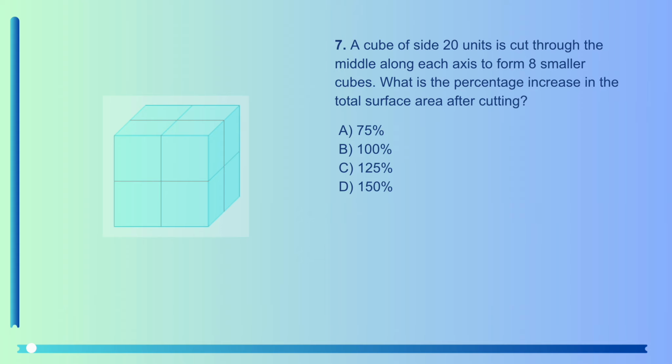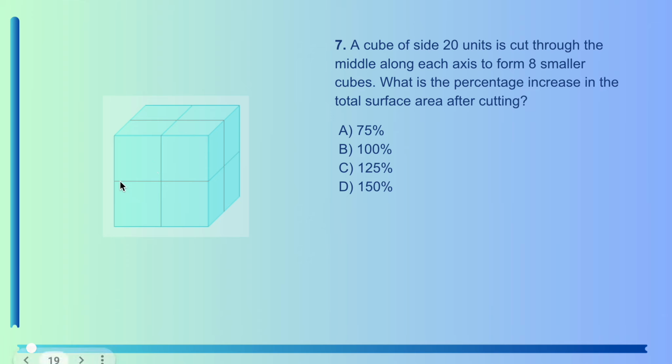Now you have a cube of side 20 units. Each side is 20, okay? You can see them. Now, we need to find 8 smaller cubes. So we're cutting them 1, 2, 3, 4 in the front and 1, 2, 3, 4 in the back. The total is 8 smaller cubes.